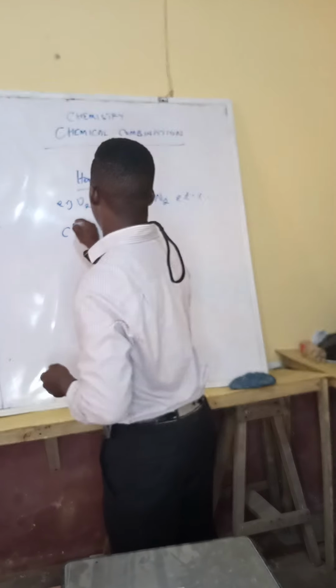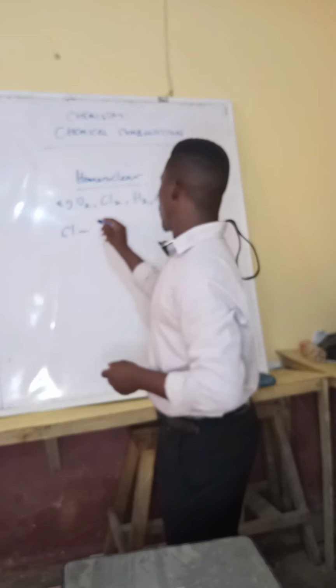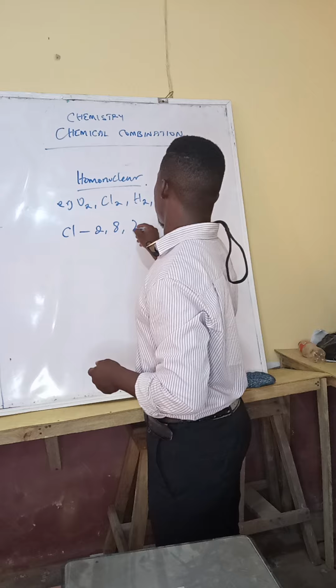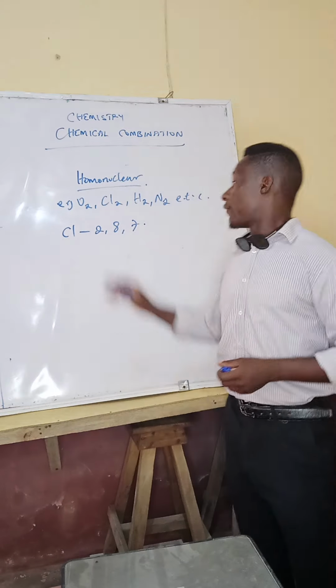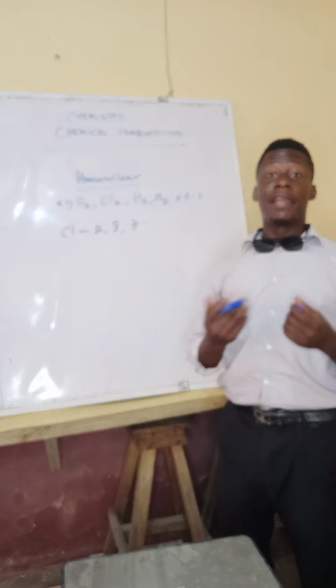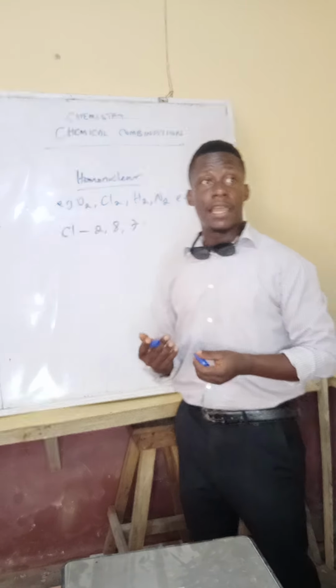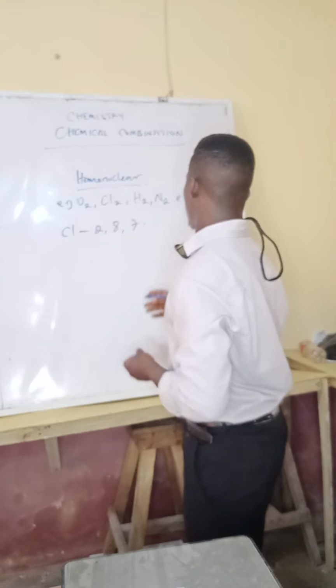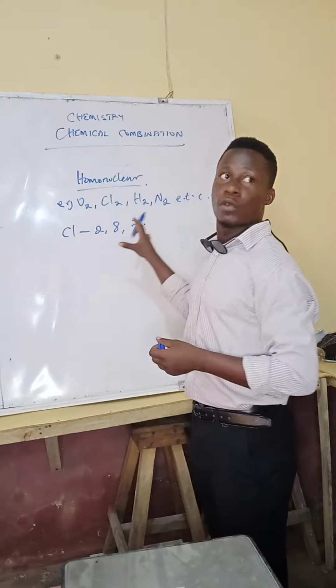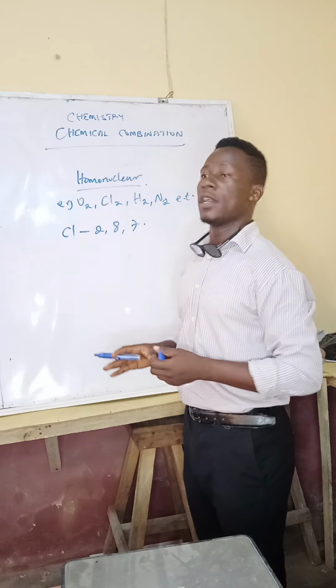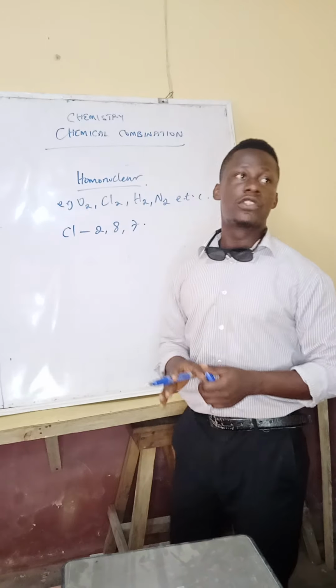Chlorine, remember, has an electronic configuration of 2, 8, 7. 7 is the outermost electron, or we call it the valence electron. To be able to show this bonding very well, we are going to be using the Lewis dot diagram.